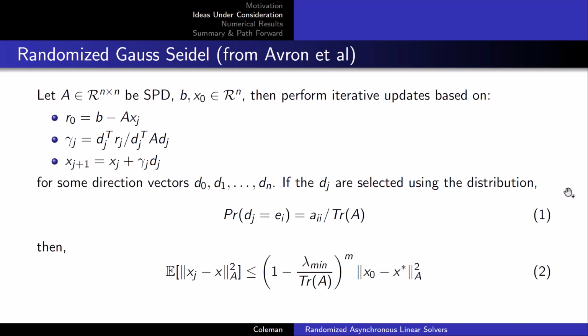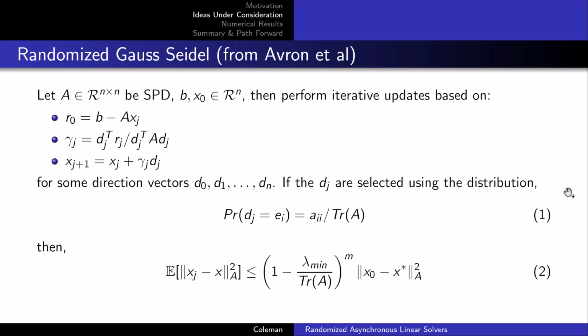Finding how far we should step in the direction we want to go, which is based on how much error there is. And then updating our guess by going forward in that direction. So here D is our direction, gamma is our step size. At this point, there's no clue what a direction vector should be.